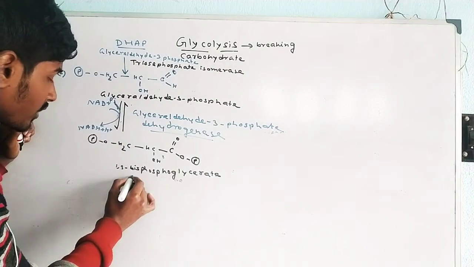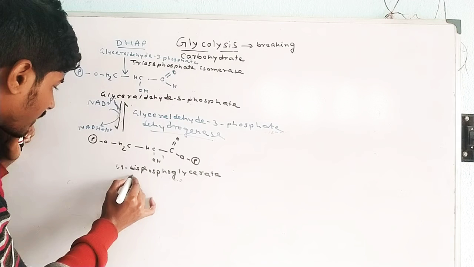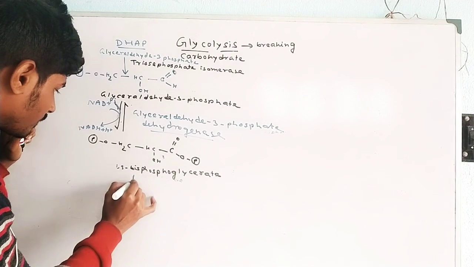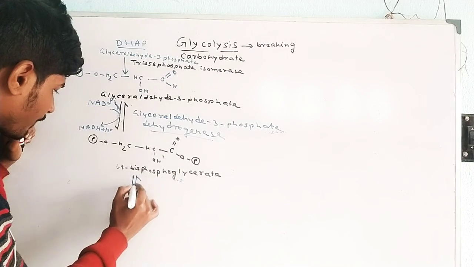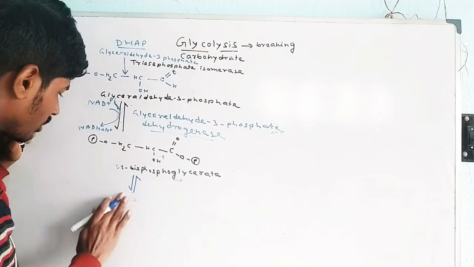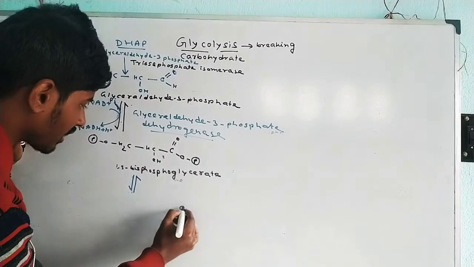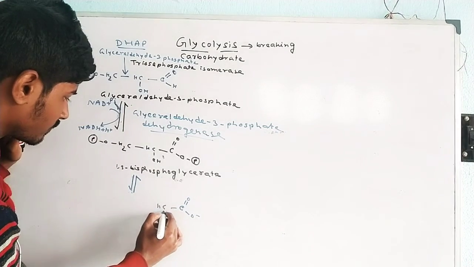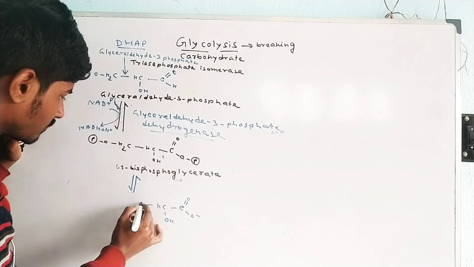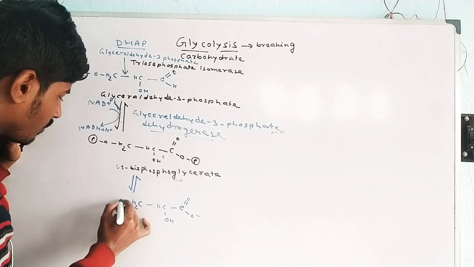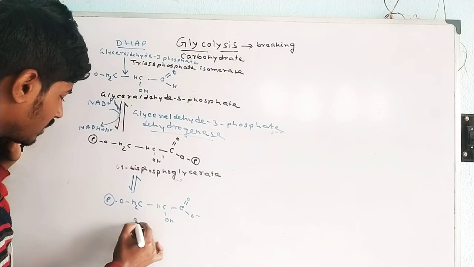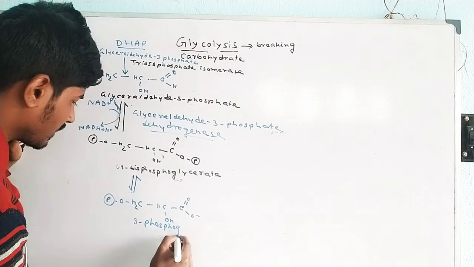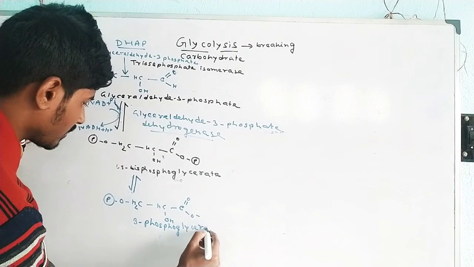Now 1,3-bisphosphoglycerate is converted to 3-phosphoglycerate. Let me draw the structure. Okay, this is 3-phosphoglycerate.